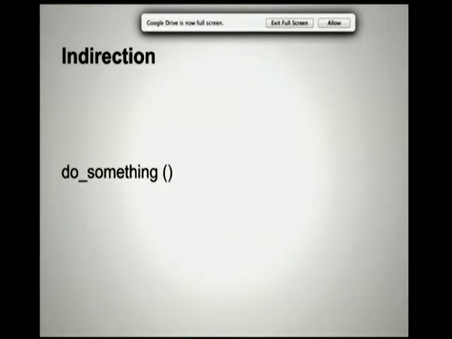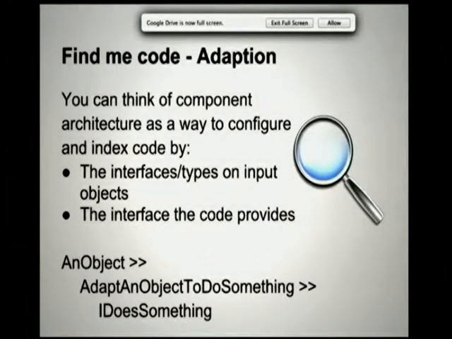We don't even want to know how it gets done sometimes. We just say do something, and then we just hope that the machinery underneath it does something, or that if it doesn't do the thing that we want, we investigate it, we find the component that we want, and then we can override it.